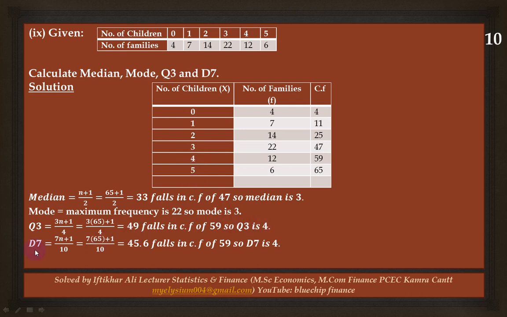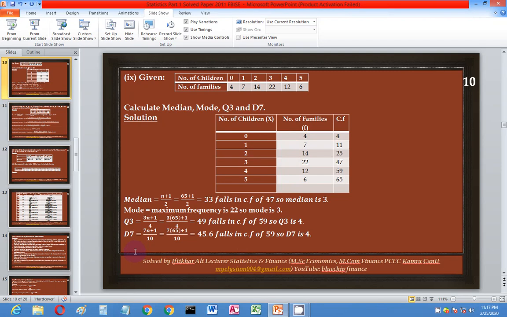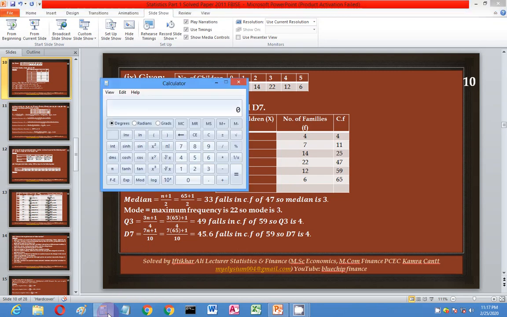And in case of decile, 7n plus 1 over 10, 7 multiplied by 65 plus 1 over 10, 45.6, falls in cumulative frequency of... let me confirm this, either it is 45.6 or not. 7 multiplied by 65 plus 1 divided by 10, 45.6.